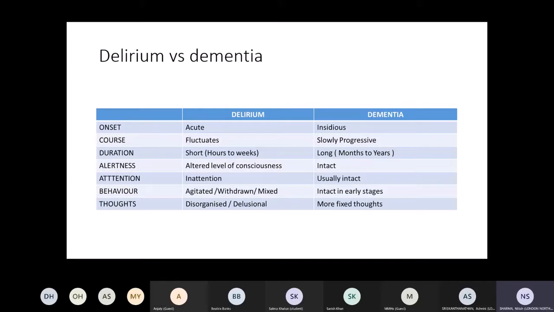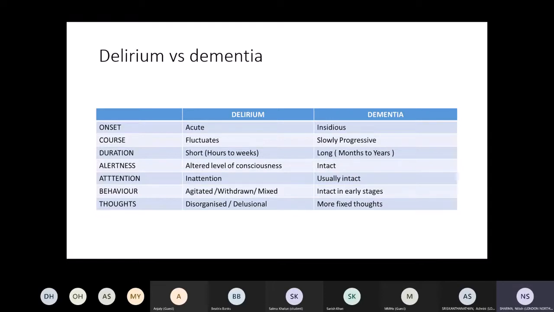Now next we look at the differences between delirium and dementia and how to differentiate them. Delirium fluctuates, which is very important, but dementia is slowly progressive. Delirium lasts for hours to weeks. Dementia would last for months or years.